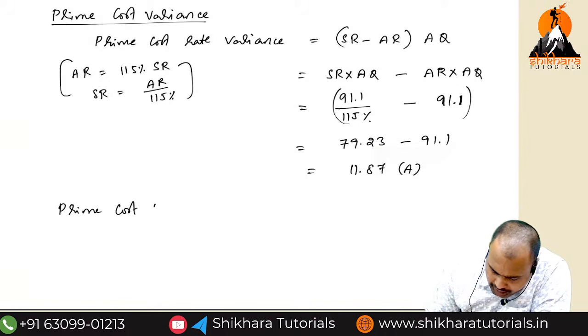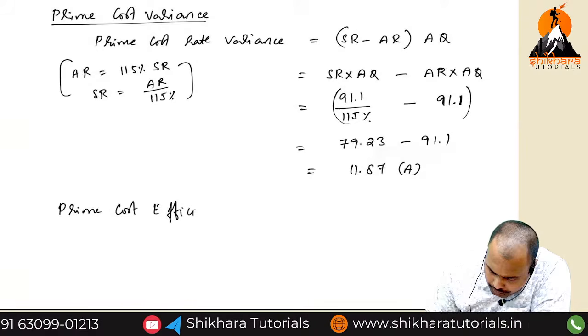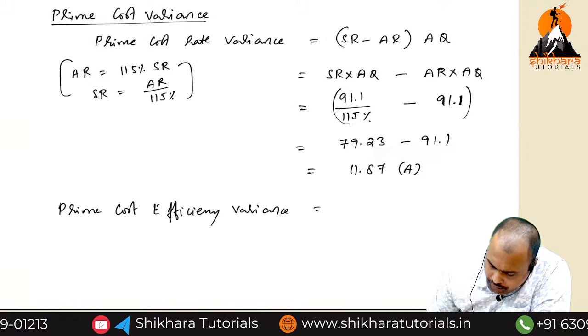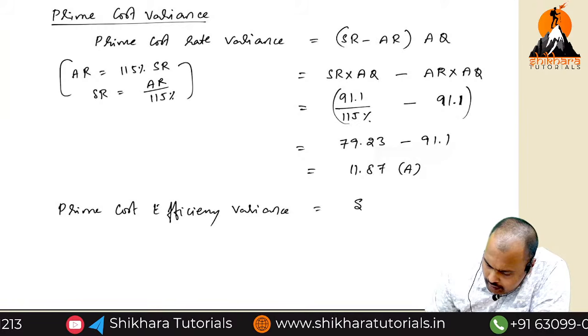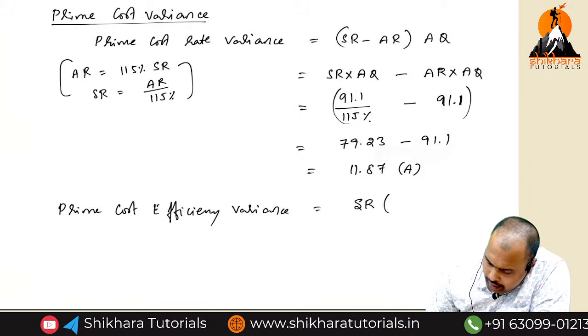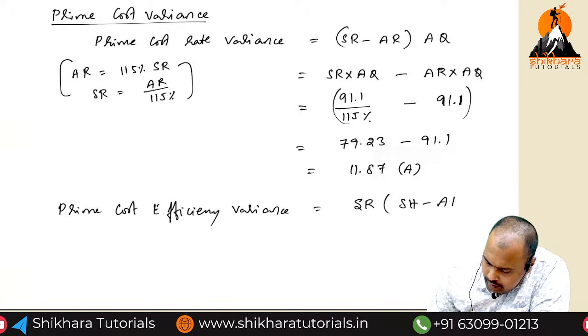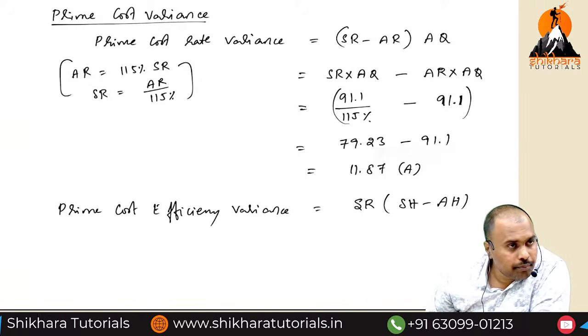Next, prime cost efficiency variance. What is efficiency variance? Standard rate into standard hours minus actual hours.